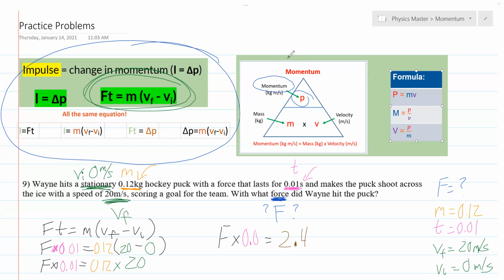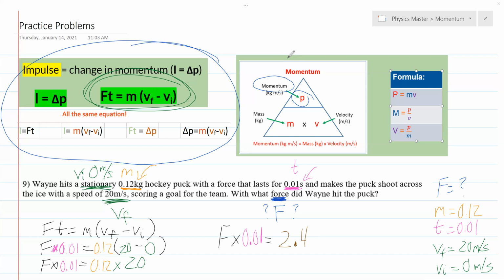0.01. Now remember, we want F by itself. So we have to do the opposite operation, okay? If you get this far, it's fantastic. But it doesn't even matter if you put in your calculator wrong. We need F to stay on that side by itself. So we're not gonna move the 2.4, we're gonna move the 0.01.